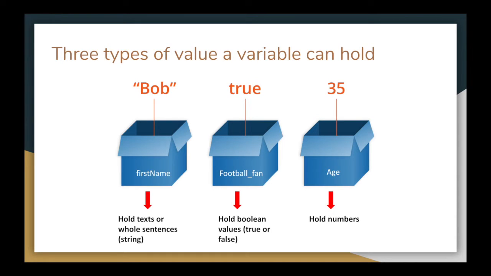In this case, football fan is the variable name, true is the value of the variable. The third box labeled as age is a variable that holds numerical values. In this example, age is the variable name, 35 is the value. So generally, a variable can hold three types of value: text, Boolean value, and number.